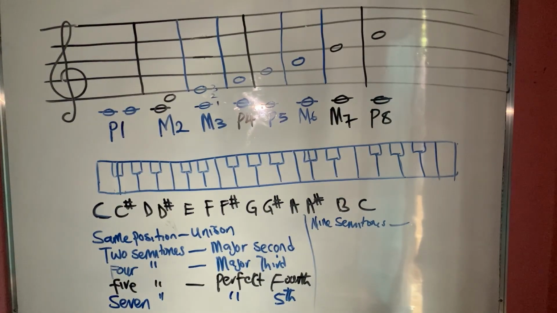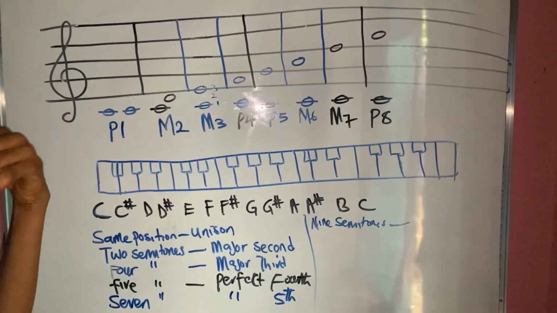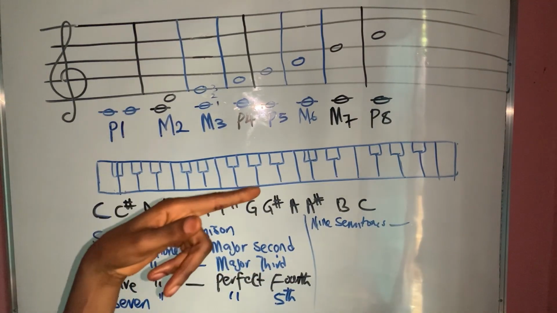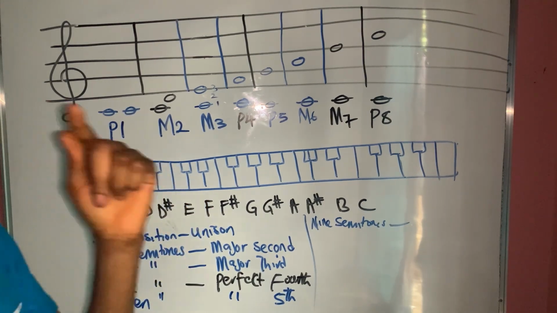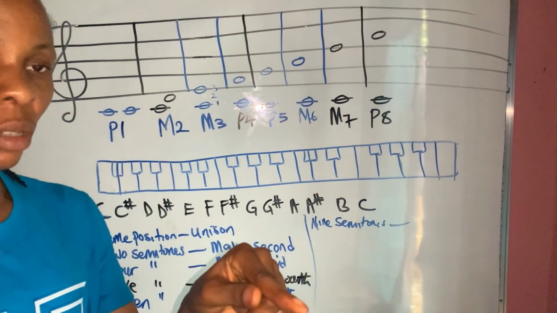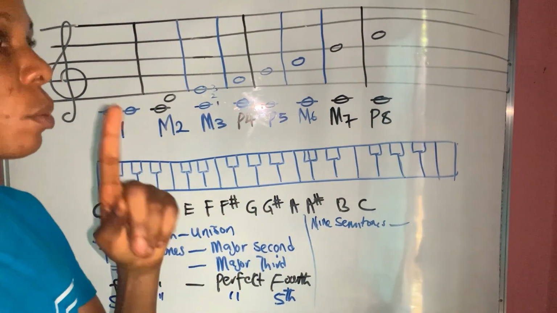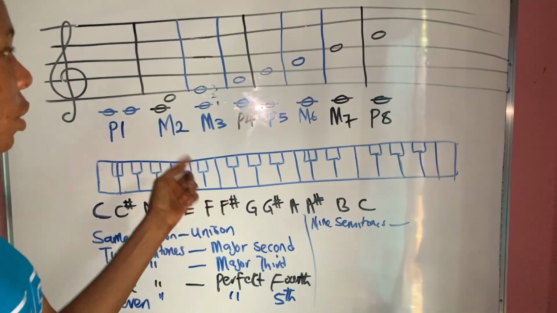Okay? With this, we built the basic knowledge on intervals. Go back to your key signature and study it. I will open a lesson on key signature after this lesson for you, because that's what will help you to come back to this, because we are moving.